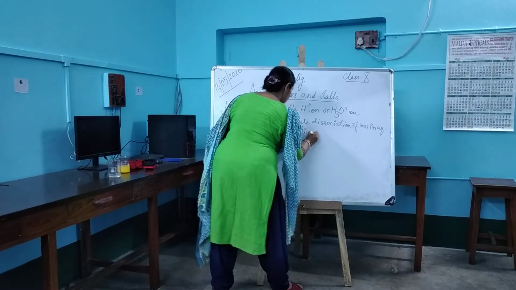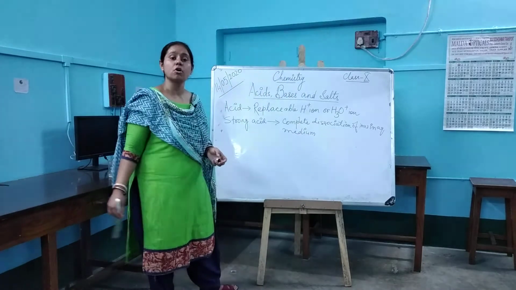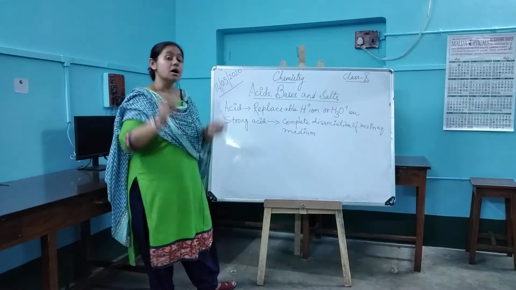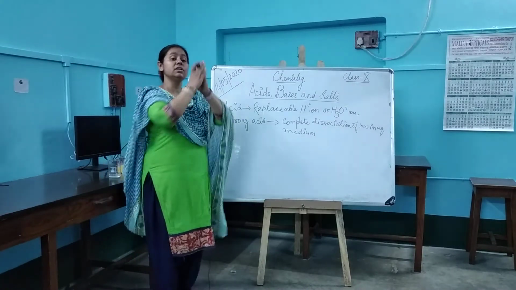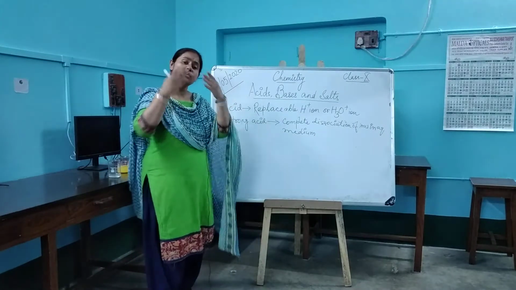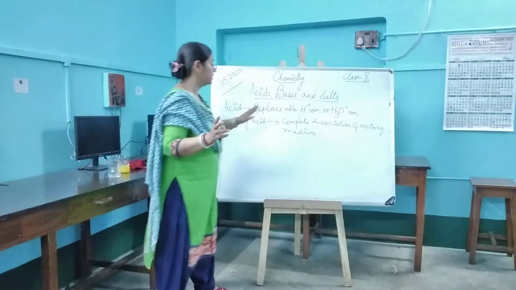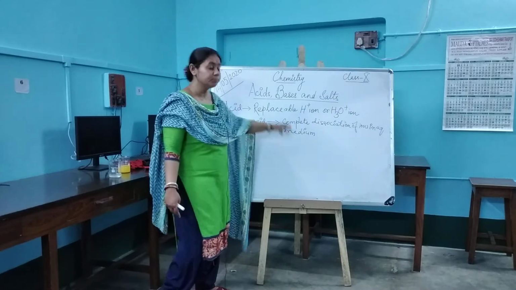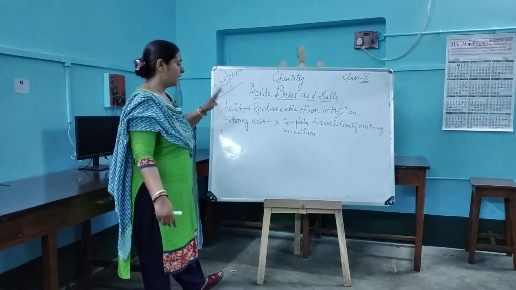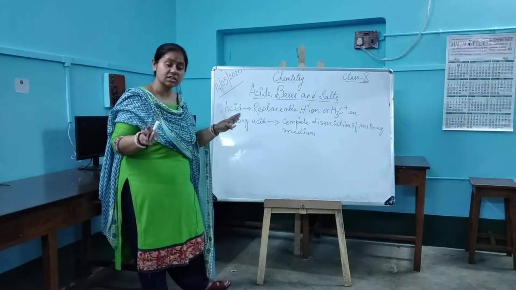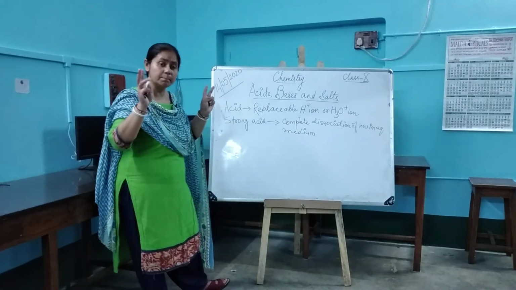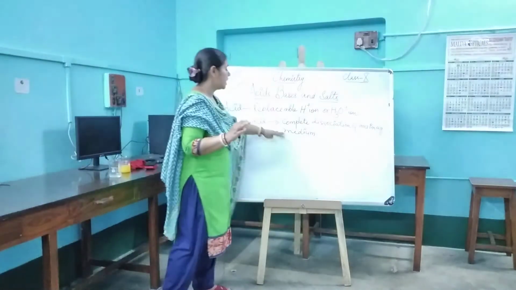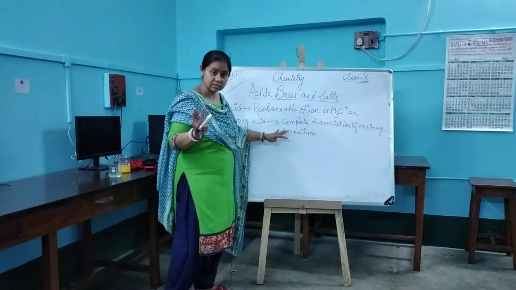That is how we classify a strong acid. That is, a strong acid will dissociate. Dissociate means it will break down completely in the aqueous medium. Is it clear to you? So, a strong acid will dissociate. It will break down completely in the aqueous medium.